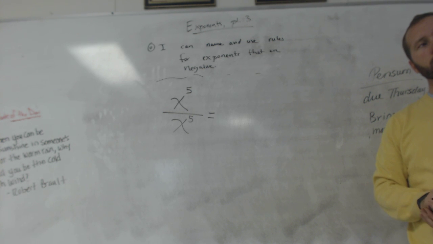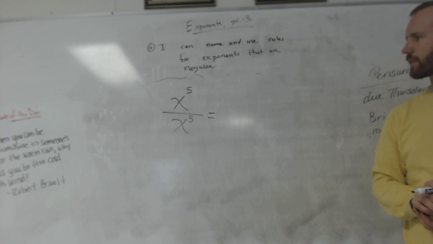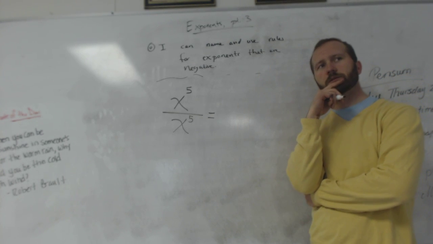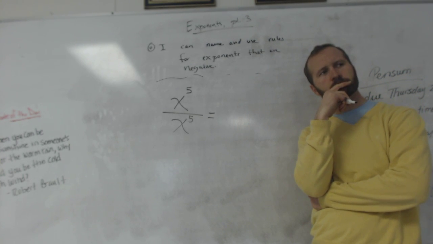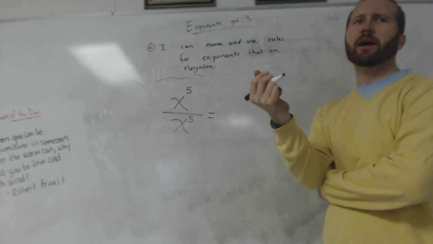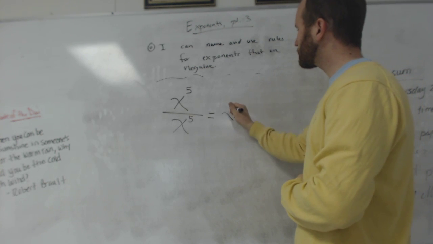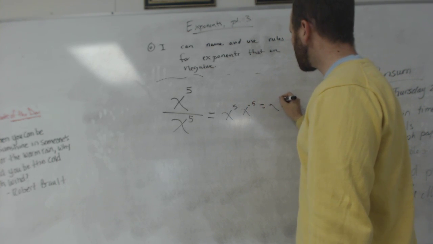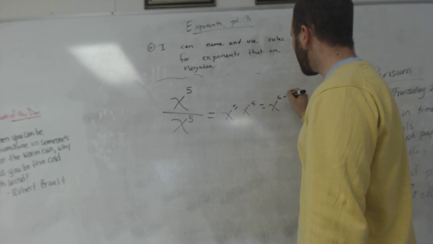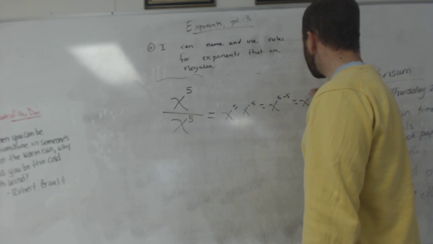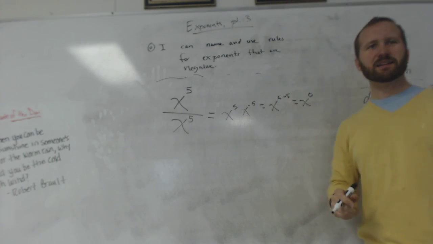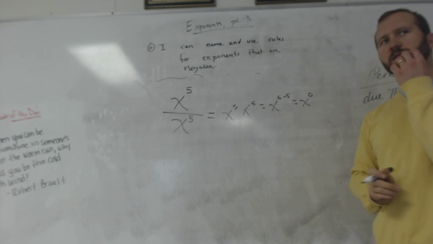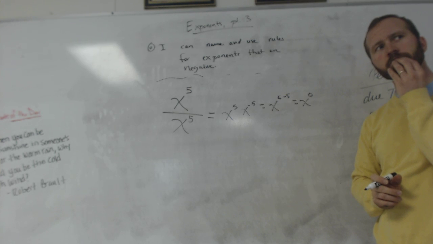It would be x to the 5th. These are all interesting ideas. How could we find out for sure what that equals? Subtract 5 from 5, right? x to the 5th times x to the negative 5 equals x to the 5 minus 5 equals x to the 0. But what is x to the 0? Nothing. So you think x to the 0 equals 0?